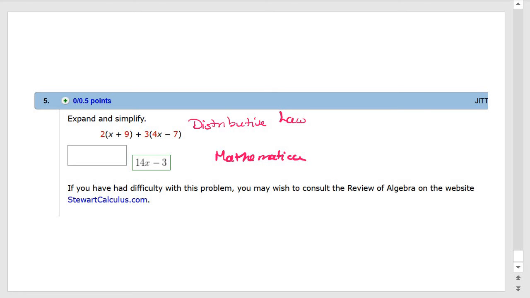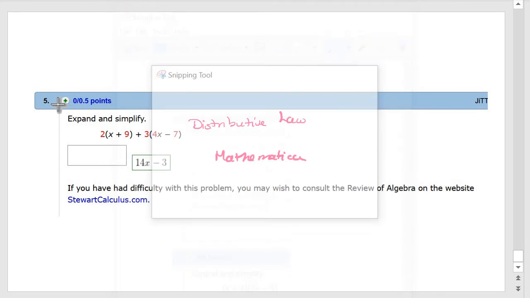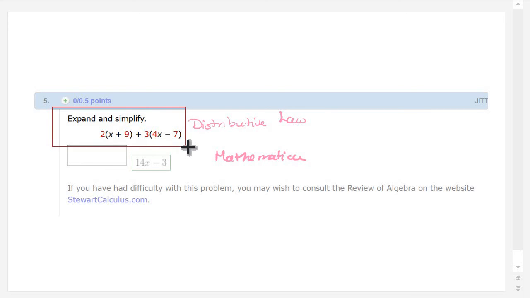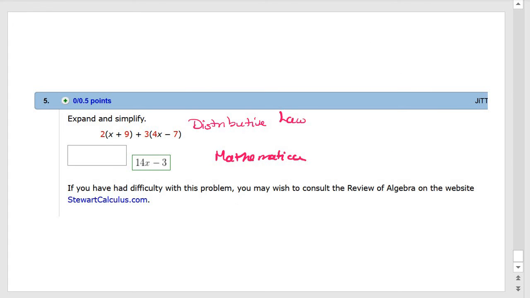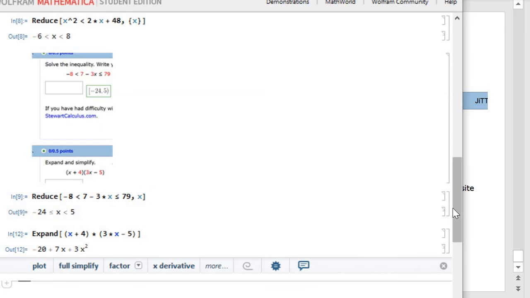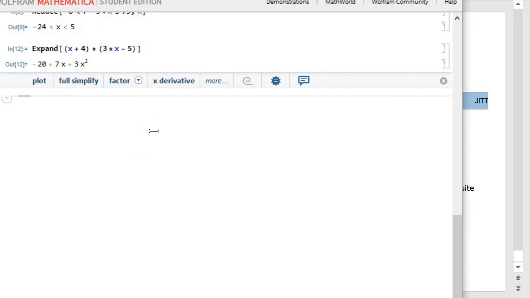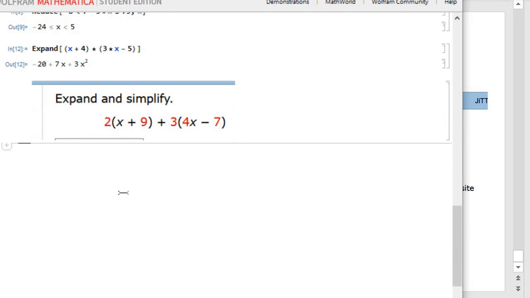Here's another one. Last one. Here, what you're supposed to do is distributive law and bookkeep and combine like terms. There's a little bit involved in here. It is totally a bookkeeping problem. So let's put it into Mathematica. Expand.